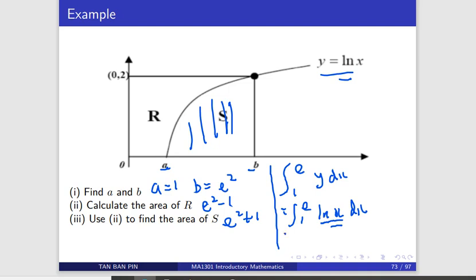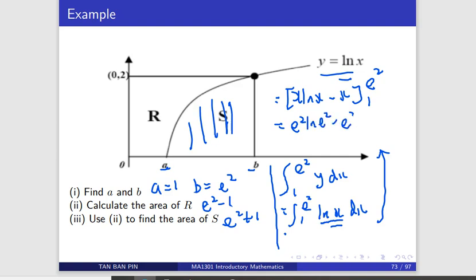So that means this should give you x ln x minus x, from 1 to e squared, because b is e squared. So it should be e squared ln e squared minus e squared, and minus, you sub x as 1, so it's 1 ln 1 minus 1. ln e squared is 2 ln e.